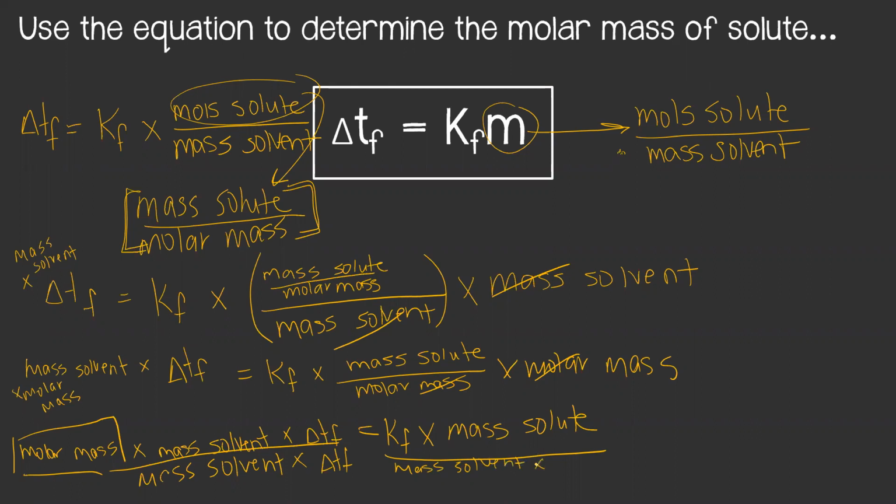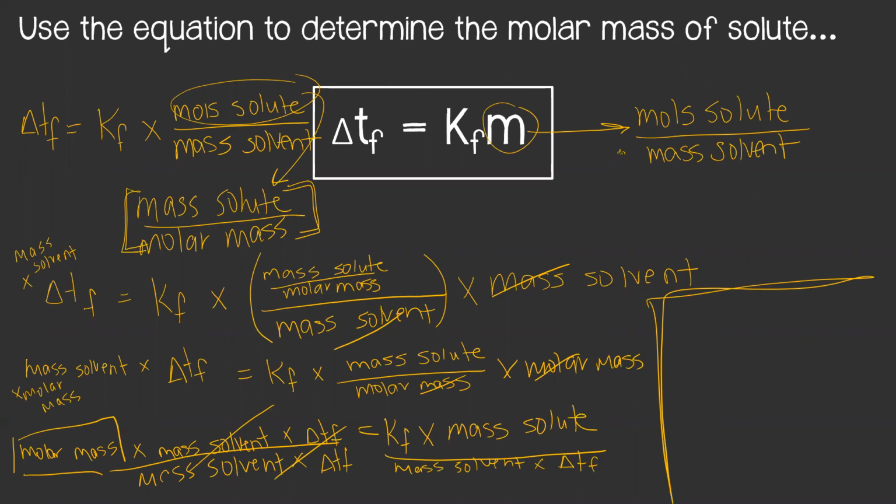It's a long process, but this is how you derive equations. Okay, so all this is going to cancel out. So my final equation, and if you want to abbreviate molar mass, you can abbreviate it capital M. I know there's a lot of M's going on.